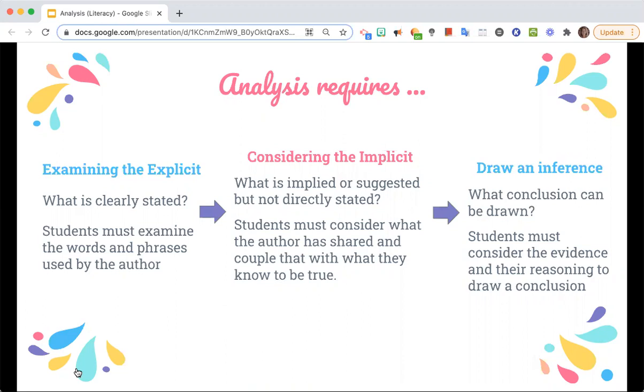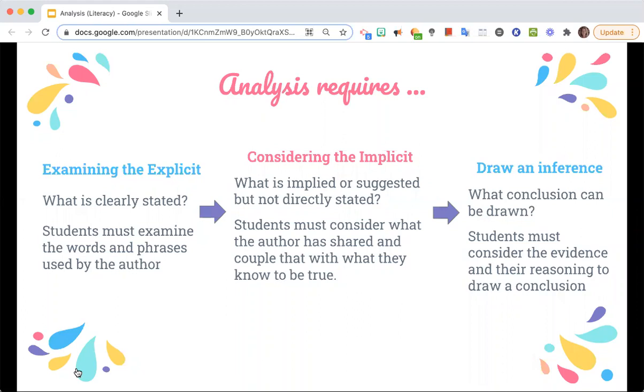Then the question is, what is implied or suggested, but not directly stated? In this realm, students must consider what the author has shared and couple that with what they know to be true. So in this case, they are doing some reasoning of their own. They're digging into their own life experience and background knowledge.